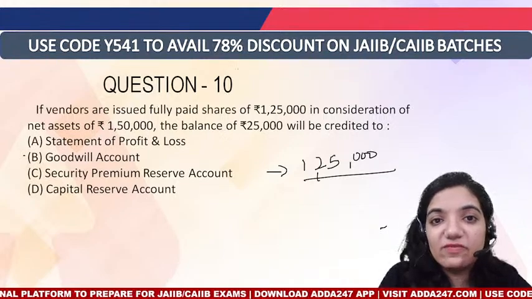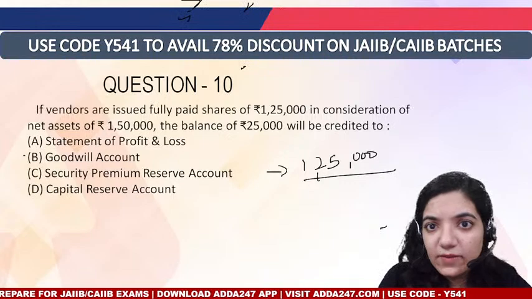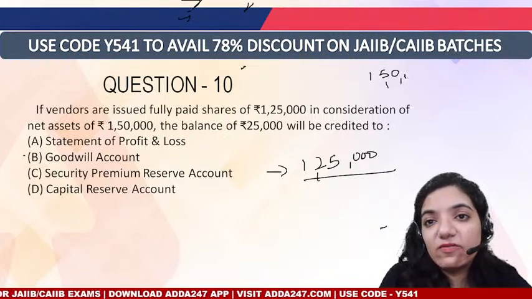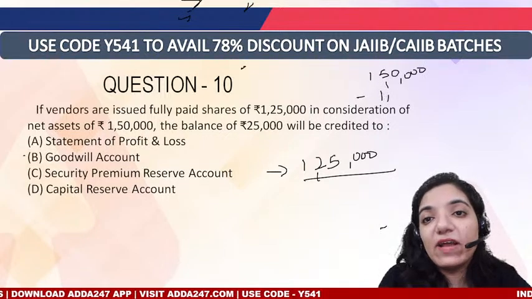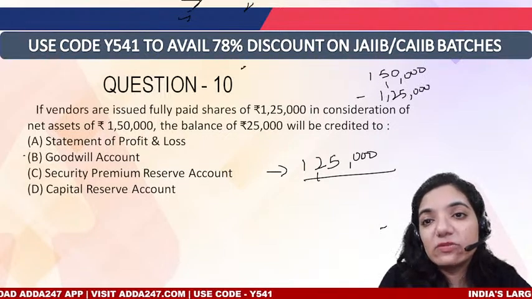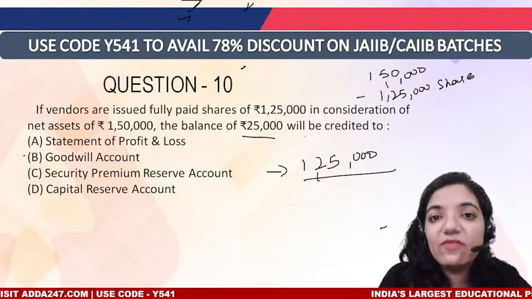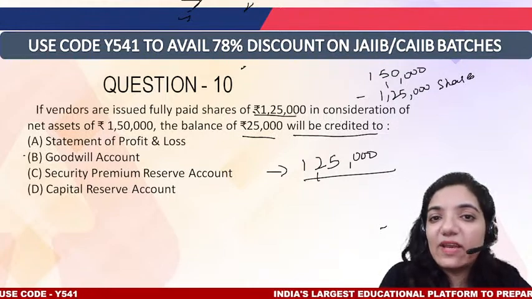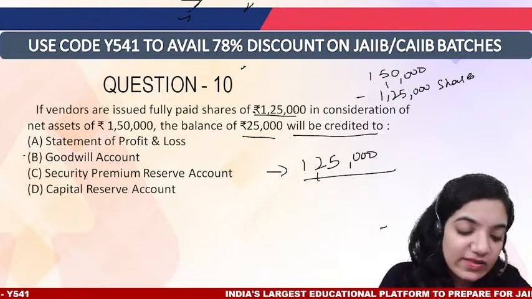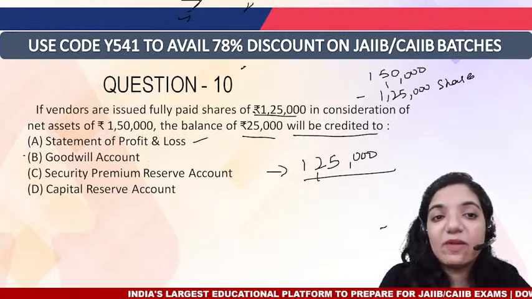We have purchased an asset of 1,50,000 from them, and we have paid them 1,25,000 in terms of shares, and rupees 25,000 will be credited to the paid up value of the share, which is 1,25,000, and nothing has been specified whether we paid in cash or something else. Is it the statement of P&L, goodwill, premium, or capital reserve?